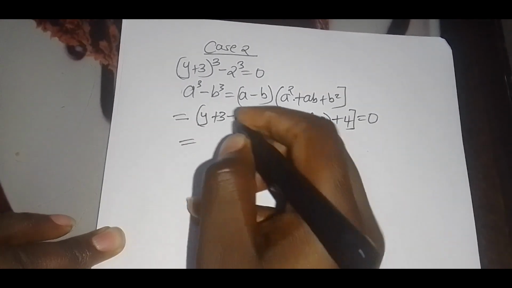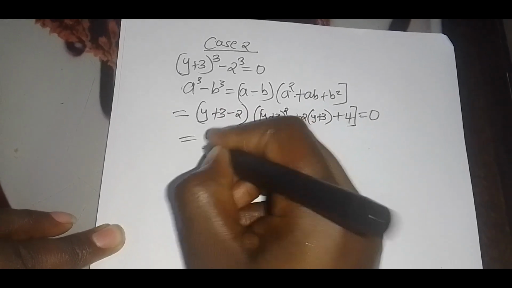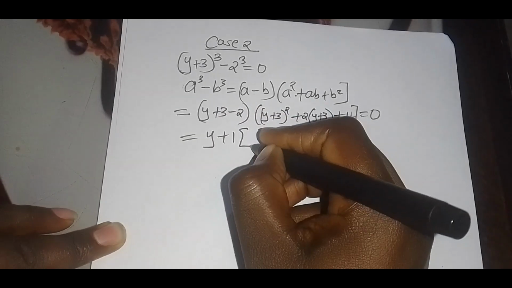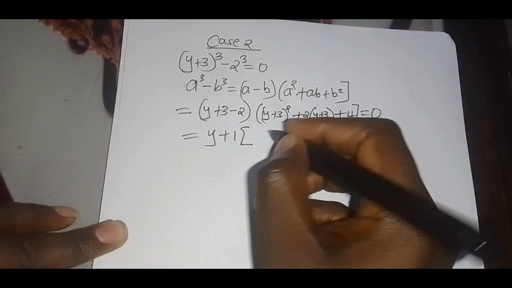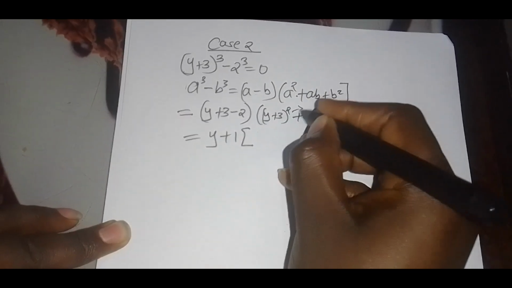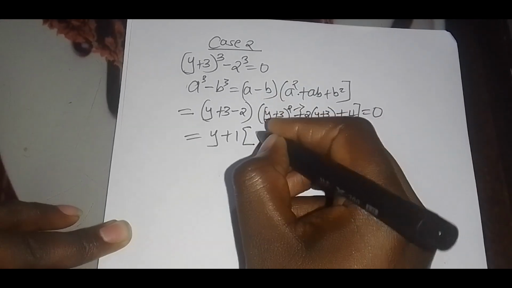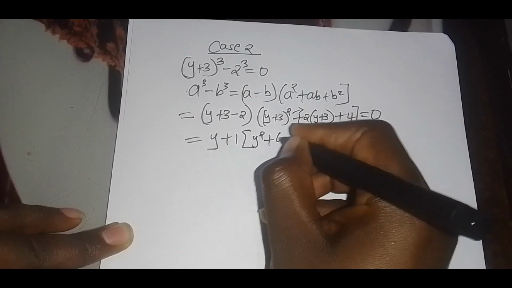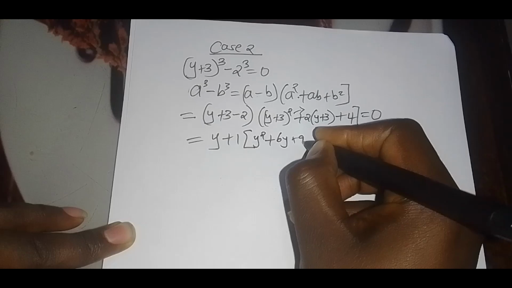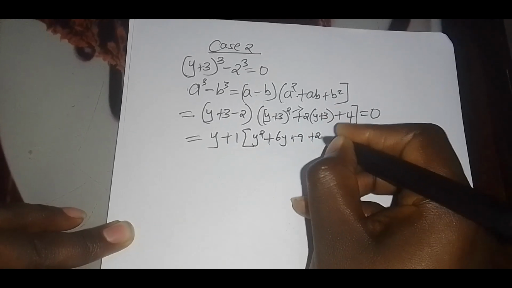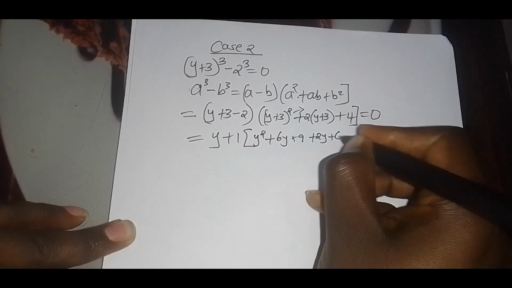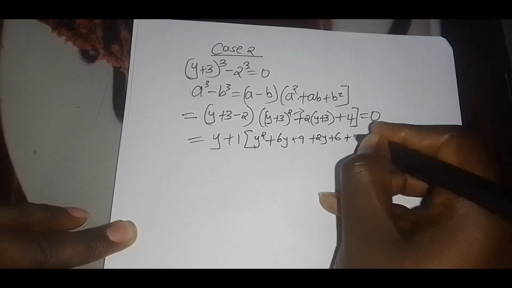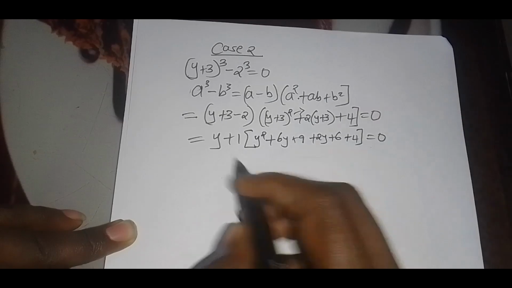So that now we're going to have (y + 1), since 3 minus 2 is 1, times, applying the algebraic identity, (y squared + 6y + 9 + 2y + 6 + 4) = 0.